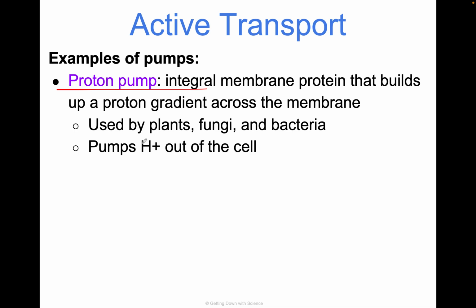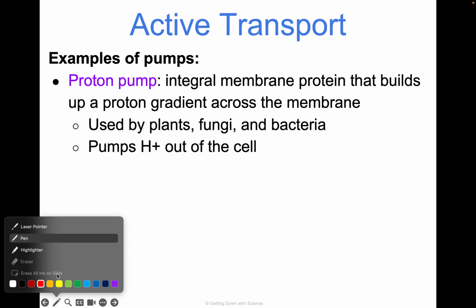It's used by everything: plants, fungi, bacteria. The entire job of a proton pump is to pump hydrogen out of the cell. That causes a gradient, more on one side than on the other.